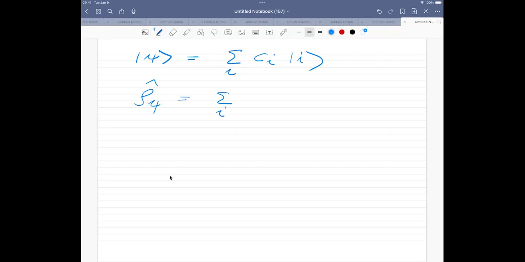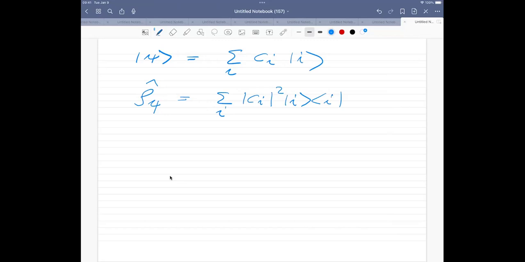So I'm just leaving this I unspecified. But in actual calculations, we will always have a finite basis. If we do that, you will see that this is the same as C of I multiplied with I of I.